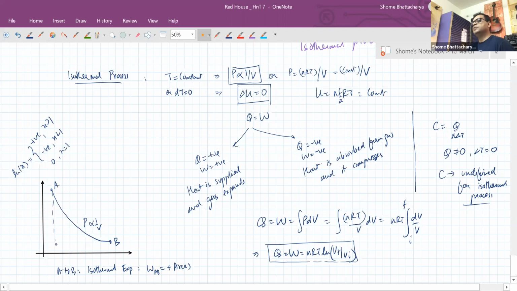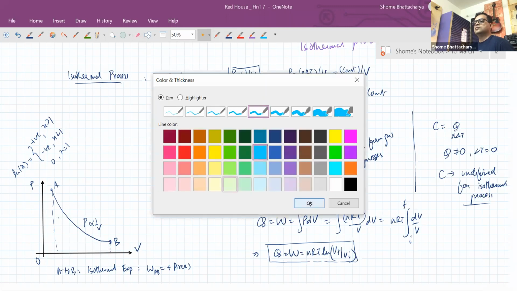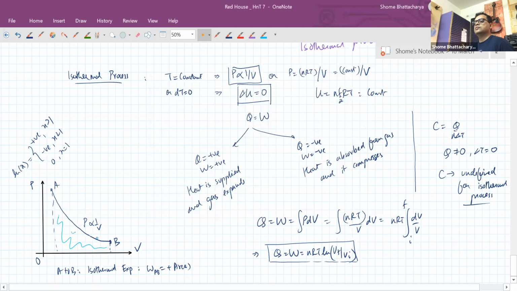Okay, so this area we've calculated by integration. This B to A would be a compression, negative of the area.